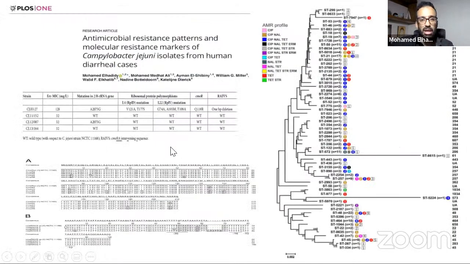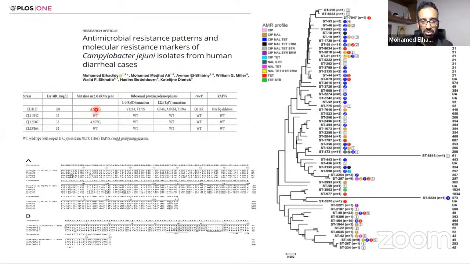Also, you can have some kind of insight based on literature review. You do the characterization and the Sanger sequencing, and from here you can have a handful of resistance determinants, for example for erythromycin resistance, which is also one of the gold antibiotics still used for treating Campylobacter.